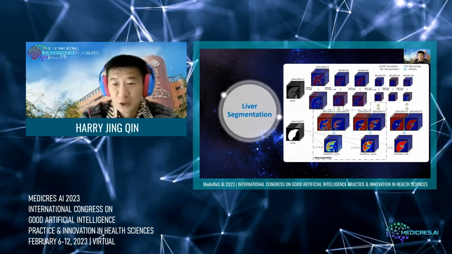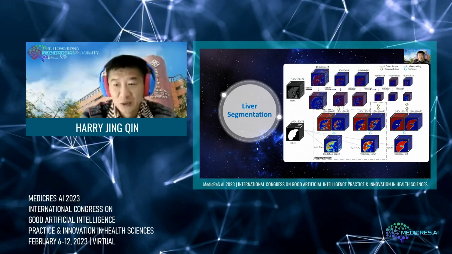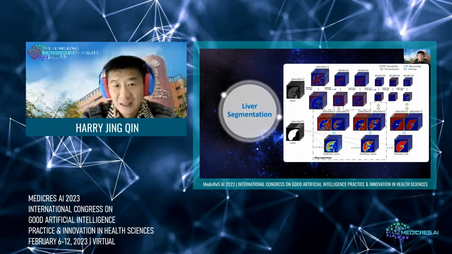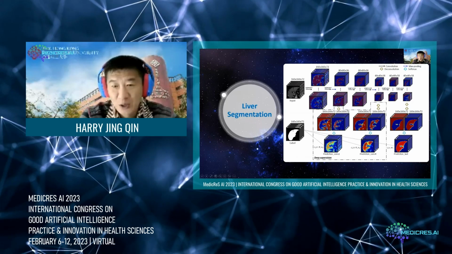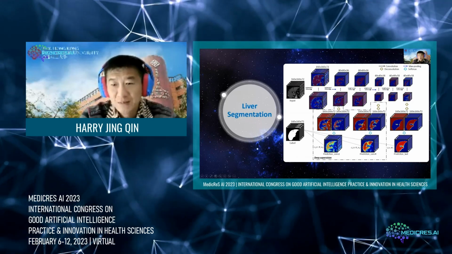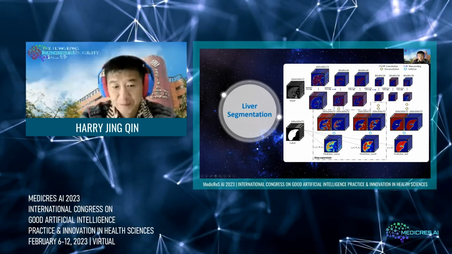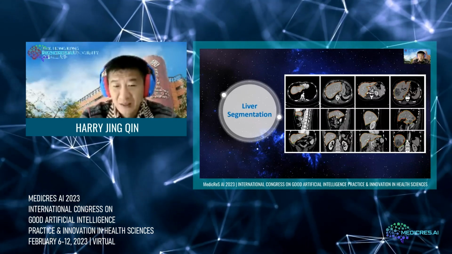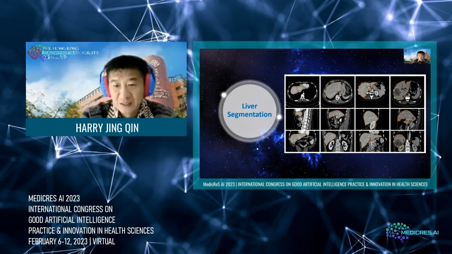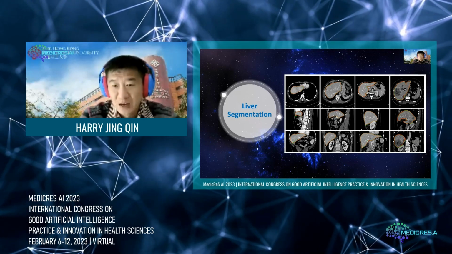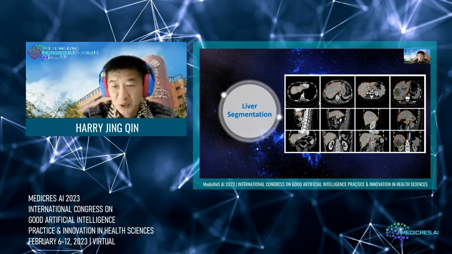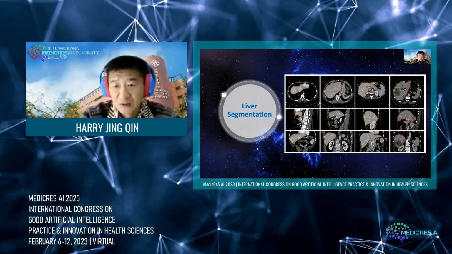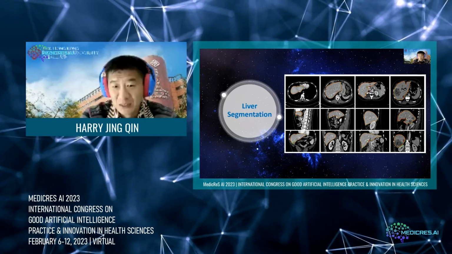So these figures show the architecture of the proposed 3D fully convolutional neural network. Note that these arrows show the deep supervision mechanism. So here are the segmentation results. The green curves in these figures are results annotated by experienced doctors, while the red curves are the results of our automated segmentation results.